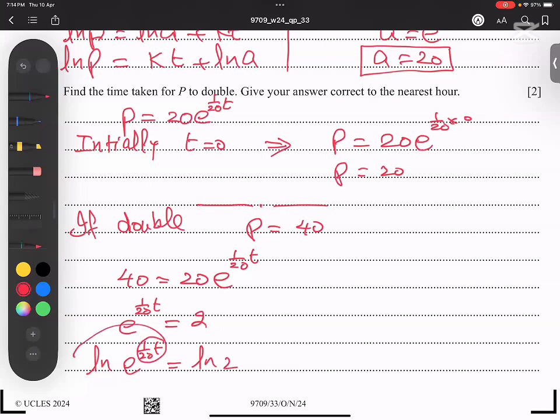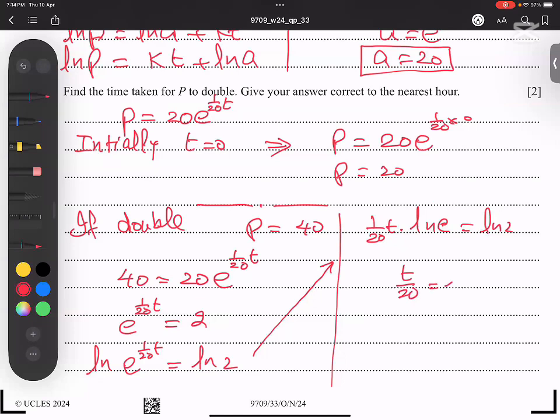So this will go down. When it goes down, 1 over 20 t times log of e, which is 1. This is 1. So I got t by 20 is equal to the logarithm of 2. Now, students, this will multiply there. If he asks for the exact value, this is our exact.